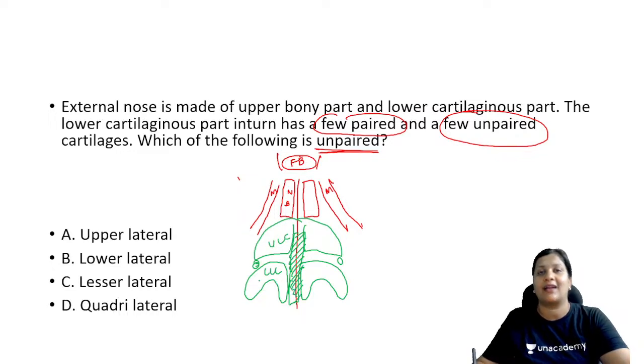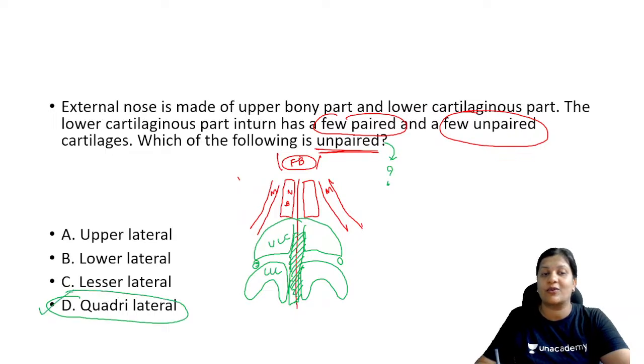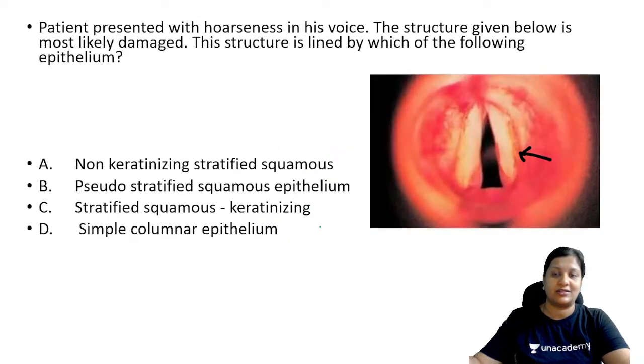That's an unpaired cartilage. So the question is asking which is an unpaired cartilage. The unpaired cartilage in the external nose is going to be your quadrilateral cartilage. The rest of the three, the upper lateral, lower lateral and sesamoid, are paired cartilages. So I think this is also very clear to all of you. Now let's go to the next question.